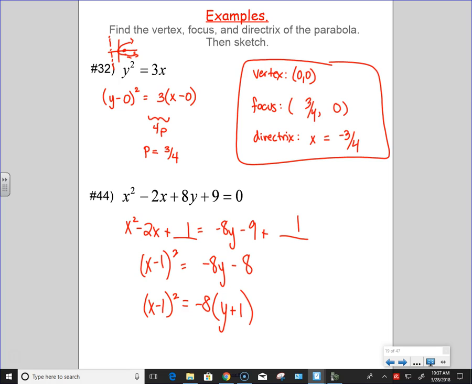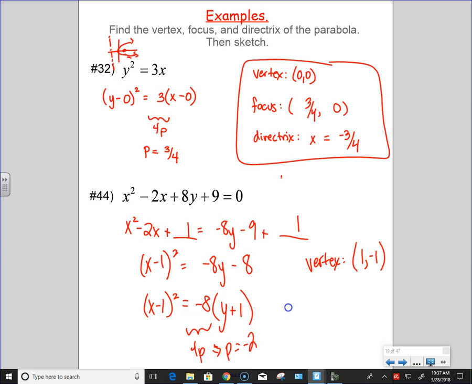What's basically the only difference from the example up above? What's my vertex going to be? 1, -1. But aren't I still going to have to set this equal to 4p? My p is going to equal -2.